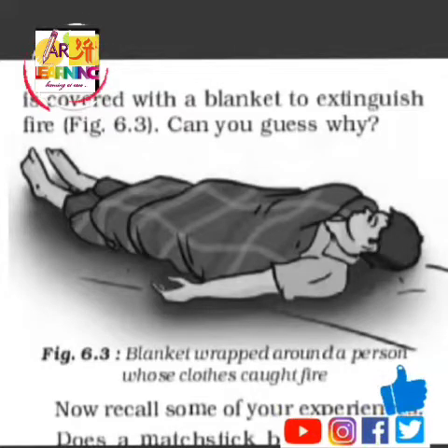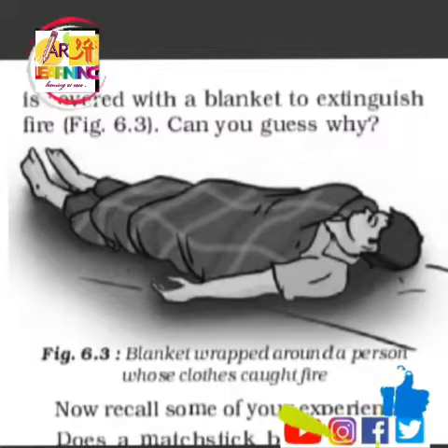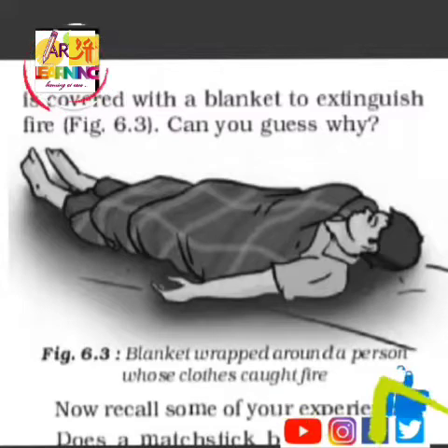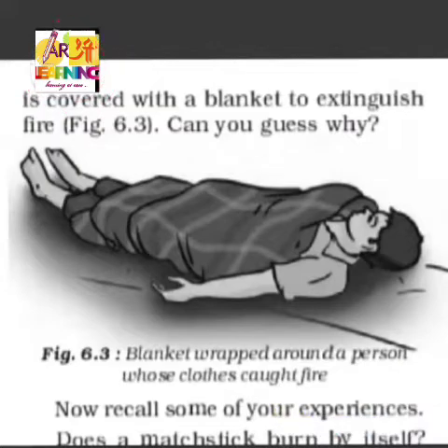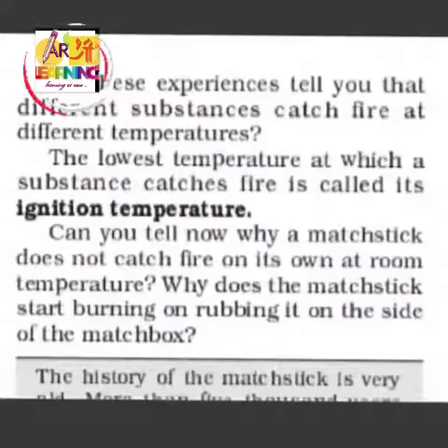The blanket breaks the supply of oxygen to the fire. Oxygen is not able to reach the burning clothes, and therefore the fire stops. This shows that oxygen is important for combustion.